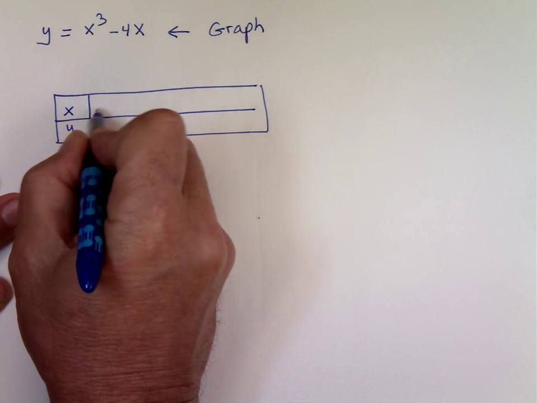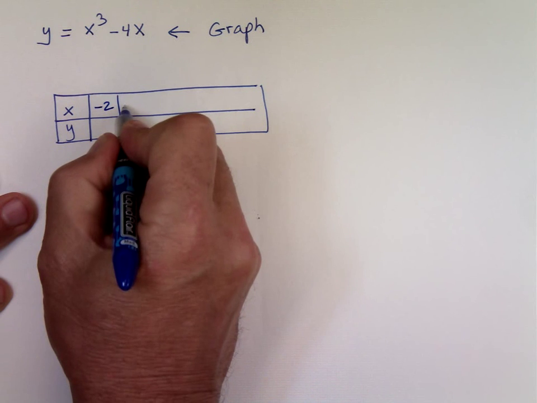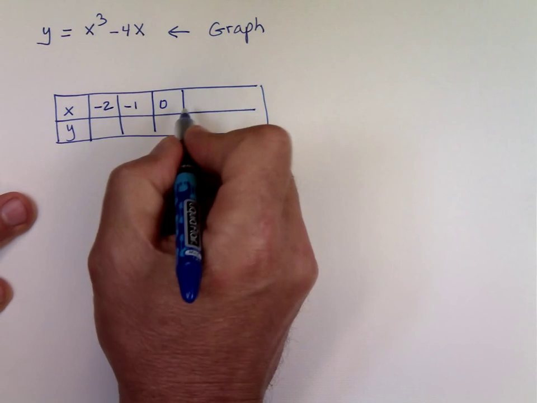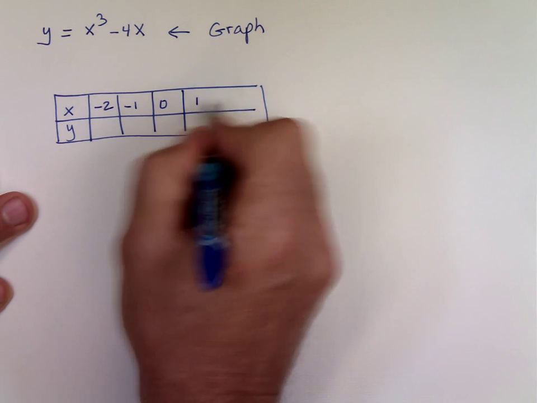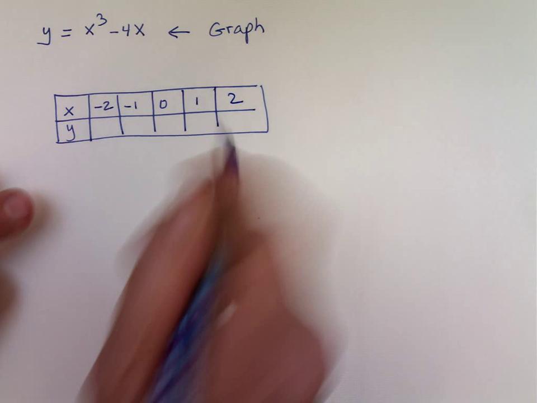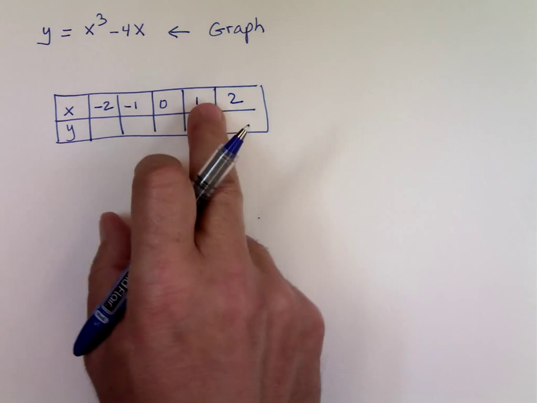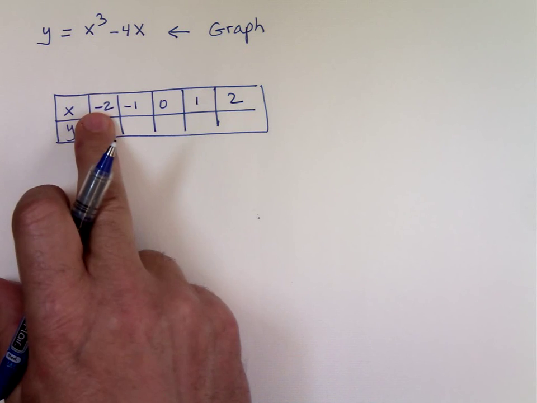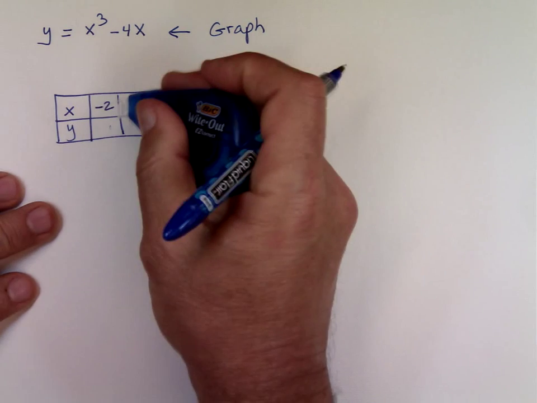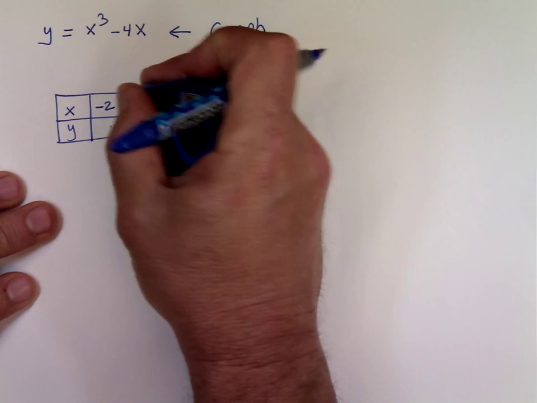Let me try negative 2, negative 1, 0, 1, and 2. Now, if I don't do the minus 1 and the 1 here, if I decide just to do minus 2, 0, and 2, let me leave these blank for now. If I don't choose these two values, I might be really in trouble.